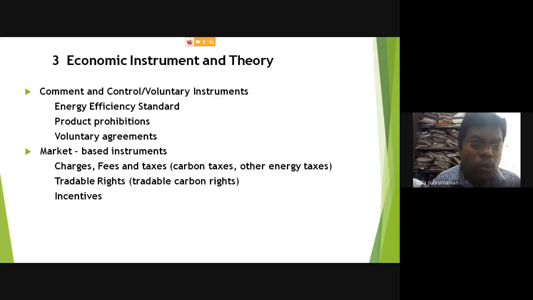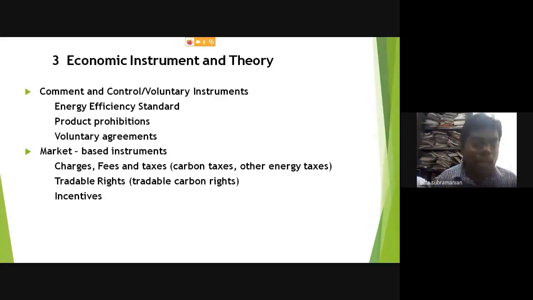So how do economic instruments work in climate change policies? First is the command and control method. The second is the market-based instrument. For example, a coir industry wants to produce its maximum rope. They can get some incentives or charges from the local government, but they are not polluting much to the environment.